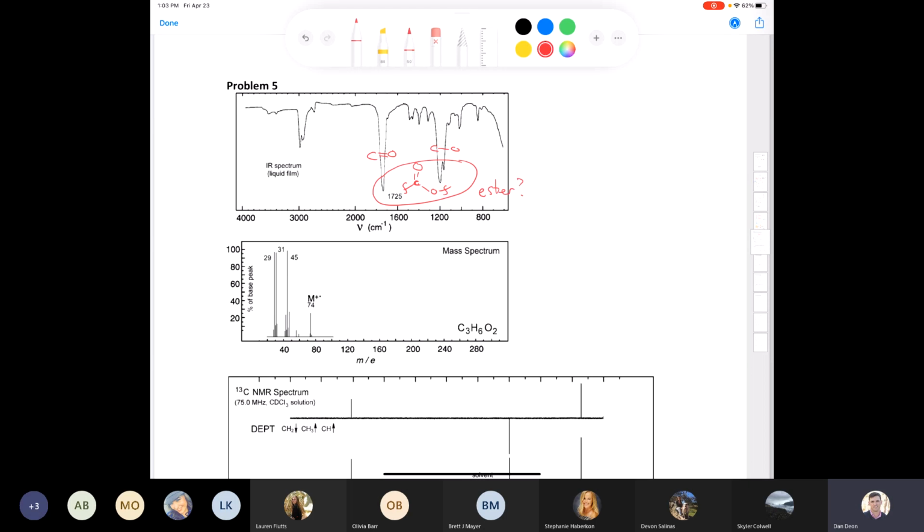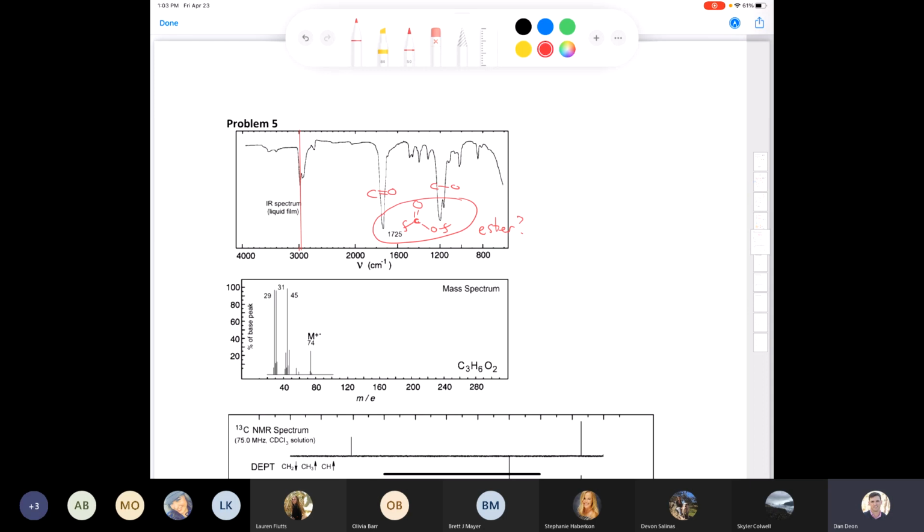I don't see much else in the IR spectrum right now. It's not an alcohol. It's not a carboxylic acid. It's not a primary amine. It's not a secondary amine. It's not an aldehyde. If you draw a line right at 3000, we don't see the aldehydic CH stretching, right?